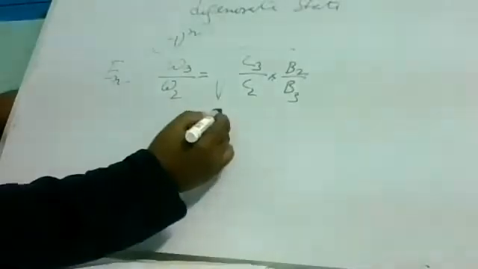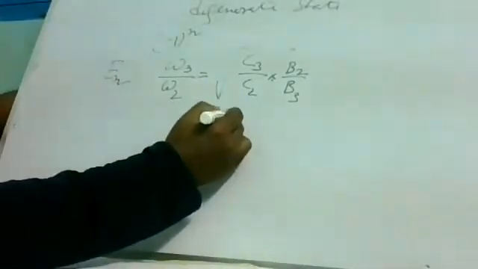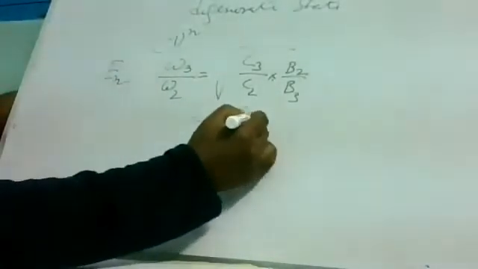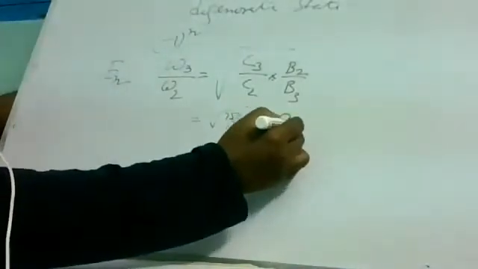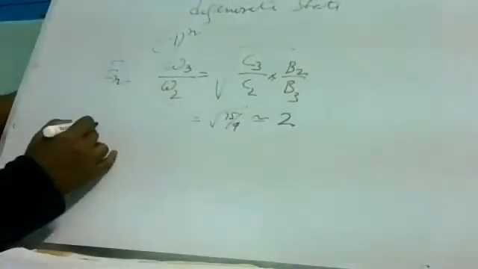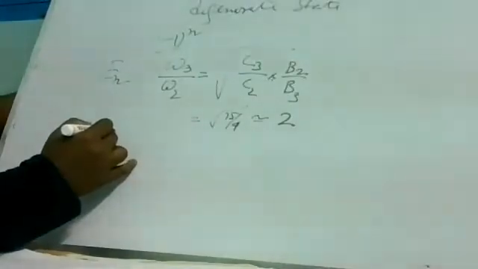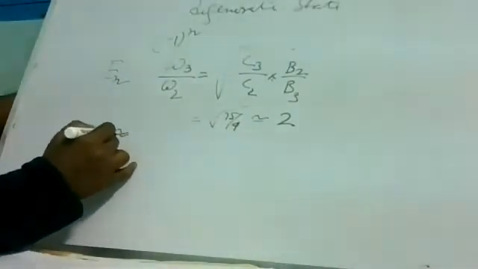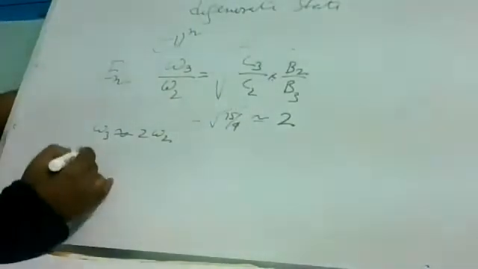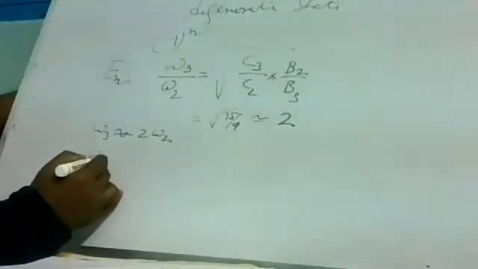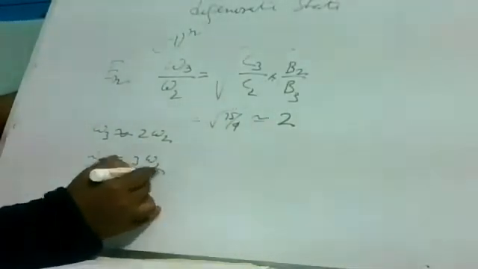Now, if we substitute these values, what value does this come out to be? Root over, you will work it out on your own, approximately equal to 2. Means omega 3 is approximately twice omega 2. And similarly, omega 4 is approximately 3 omega 2.